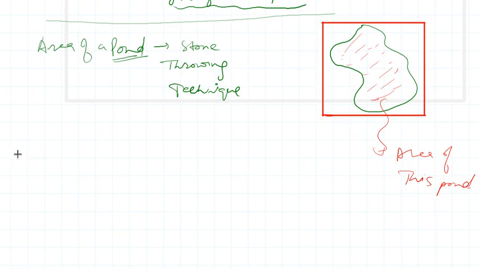So what is my requirement to do this? One thing which I need is a measuring device, and it may be a measuring tape or anything else. But if we don't have a measuring tape, then how do we find out? What do we do?